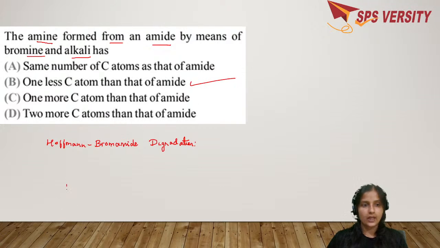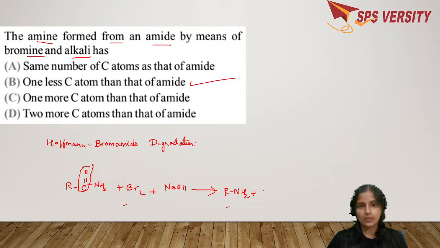So we'll still write the reaction. R-CONH2 is amide. When it is treated with bromine and alkali, say NaOH or KOH, what you are going to get? This group goes from the middle and you get RNH2, and the byproducts will be NaBr and Na2CO3.